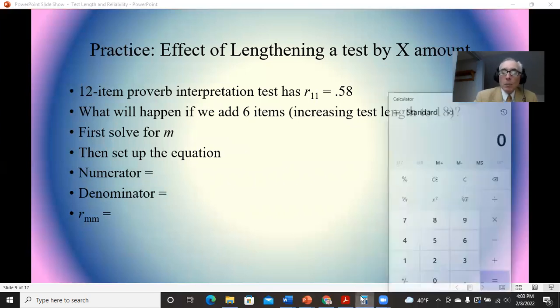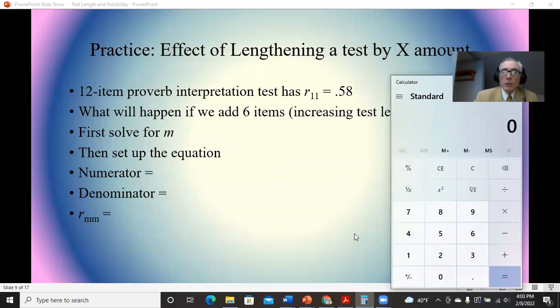We can, of course, call up our calculator and do it over here on the side. So if I have 12 items plus 6, that's 18. I didn't need the calculator for that. Dividing that by the original 12 tells me that m is 1.5. So now you're setting up the equation.